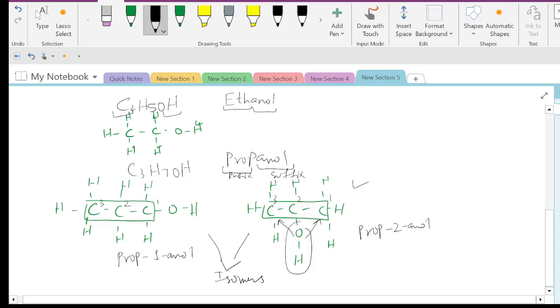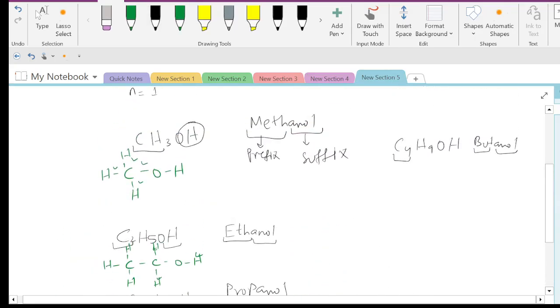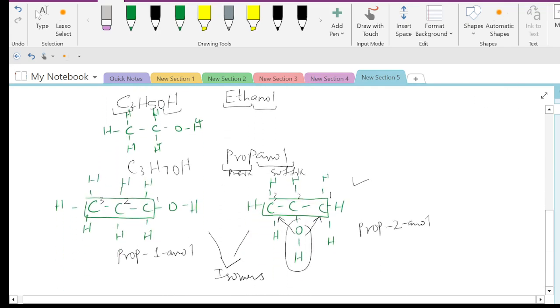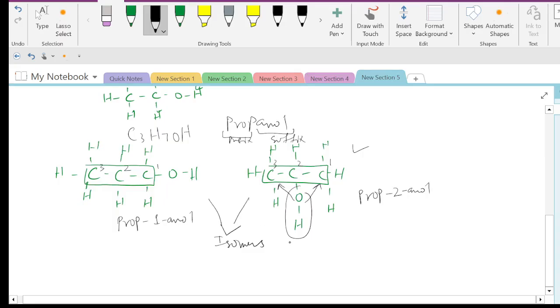Right. So now, before the butanol, one thing more. Prop-3-ol is not possible. The reason is that we are not able to start the numbering from the left hand side if I talk about this structure. This is the wrong way, because the hydroxyl group is too far away from that position, and it is not according to the rule.